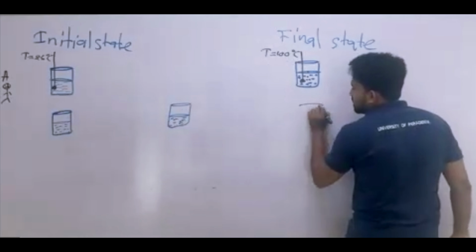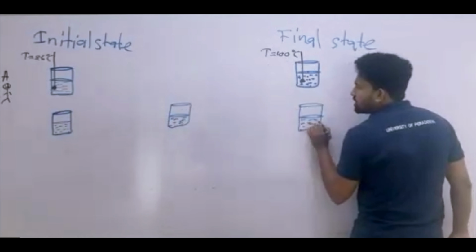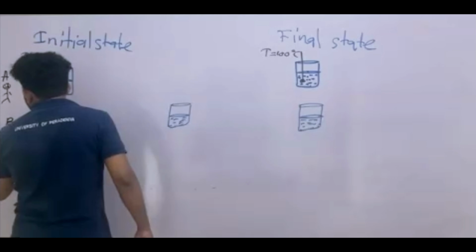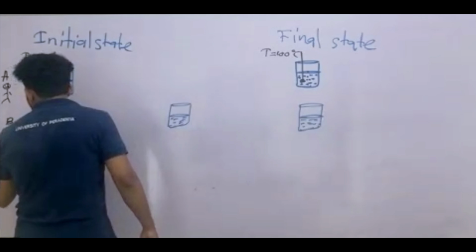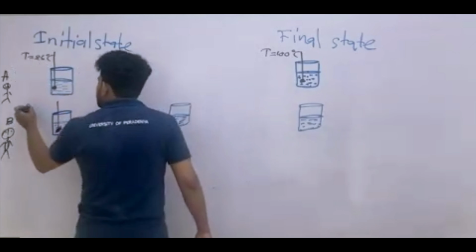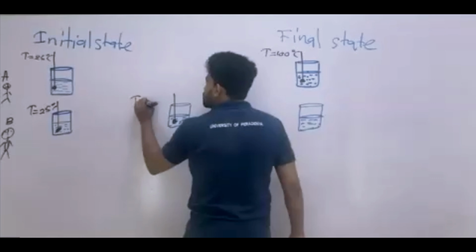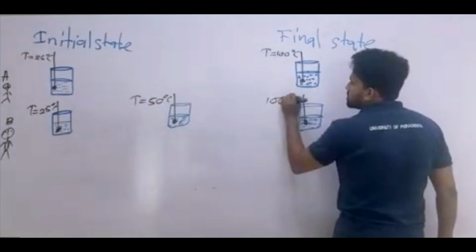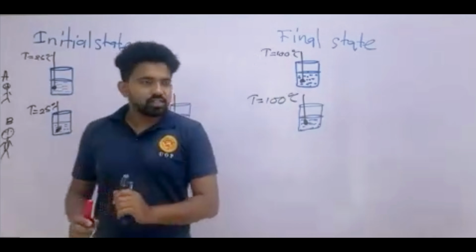He measured the initial temperature, which is also 25 Celsius, and the intermediate temperature, let's call it 50 Celsius. And the final temperature is 100 Celsius. That is it.